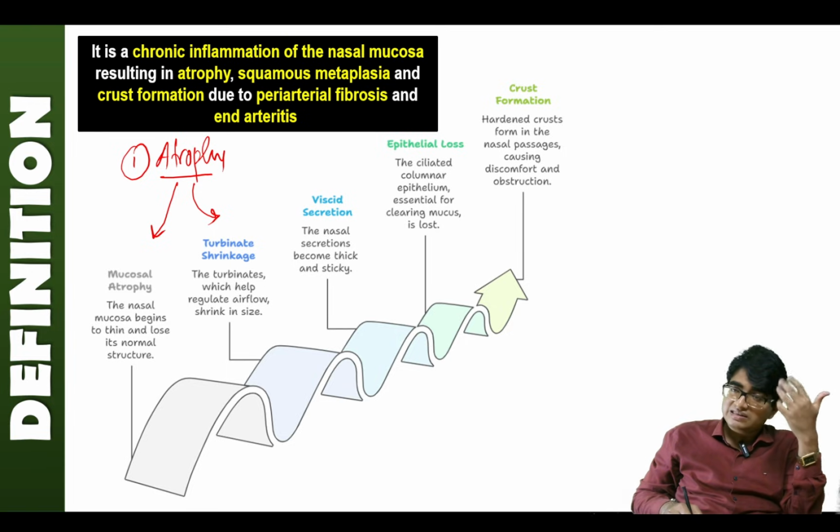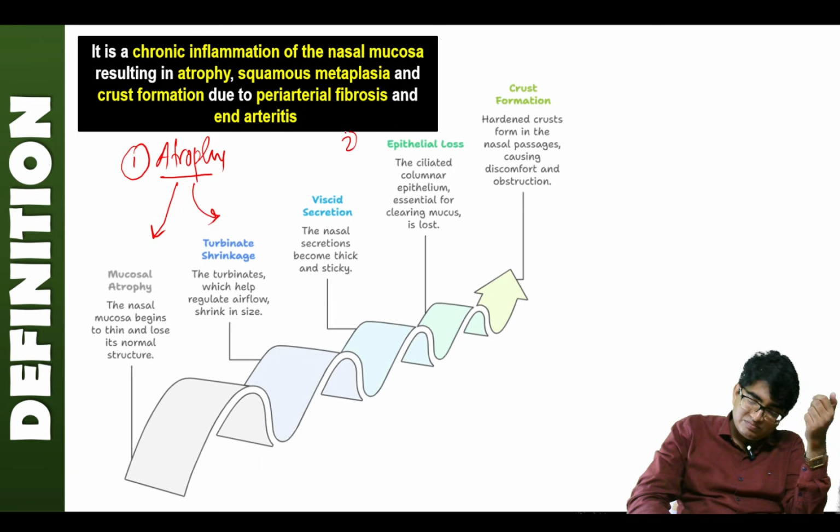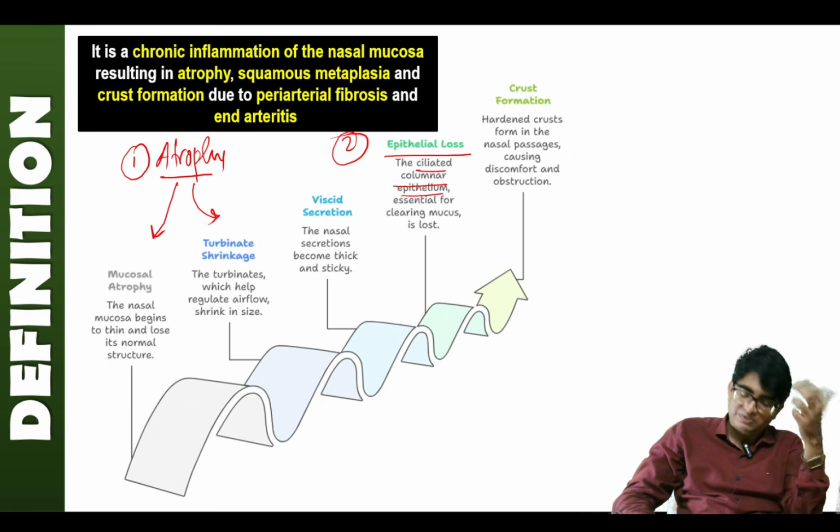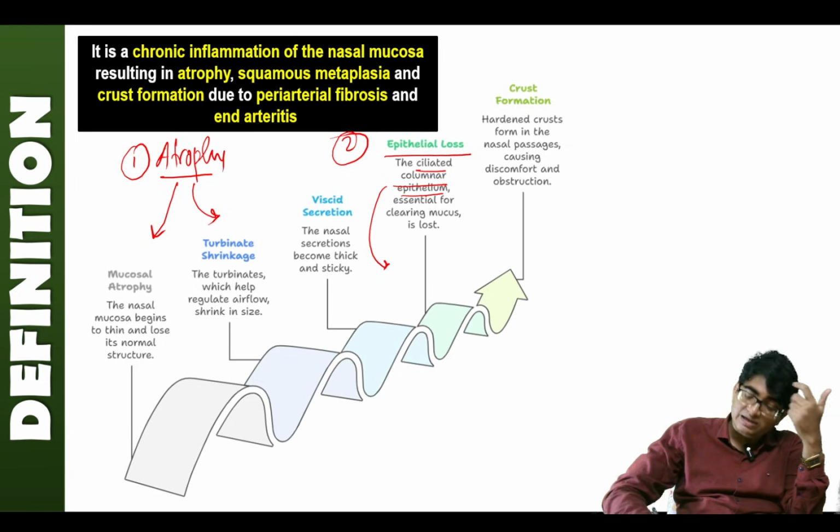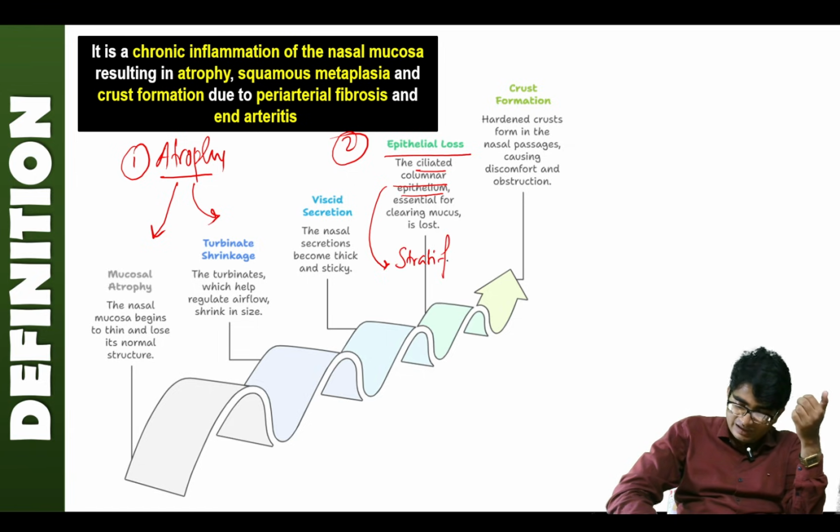Secondly, as there is atrophied turbinates, there is epithelial loss, means the ciliated columnar epithelium, that is the respiratory epithelium with goblet cells, is gradually being replaced with the stratified squamous epithelium.